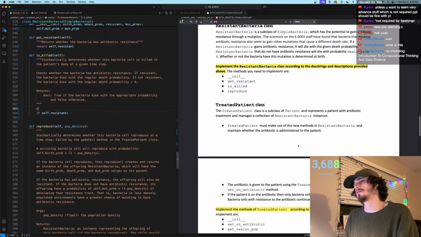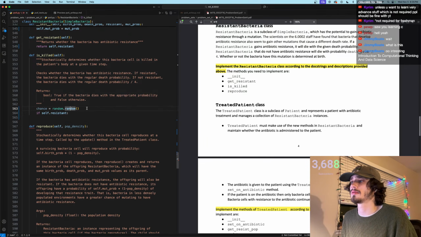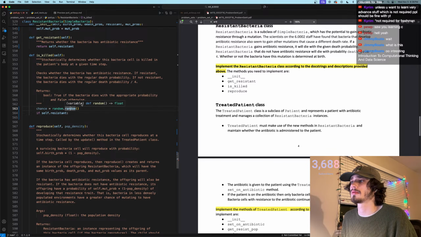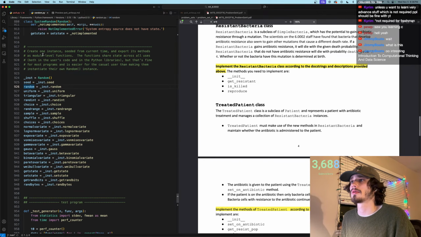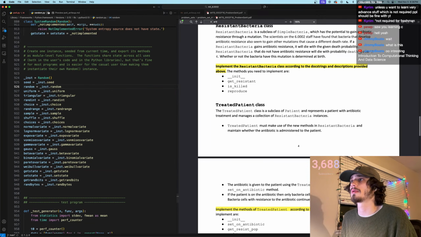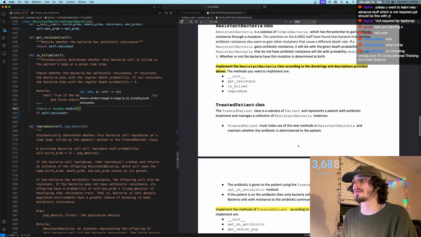Okay, so we'll have to declare a variable here called chance, which will be a random variable, which will provide us a random number between... I think random.random just returns us a singular value, right?